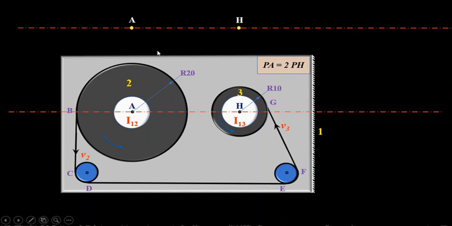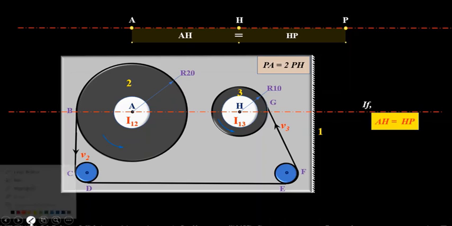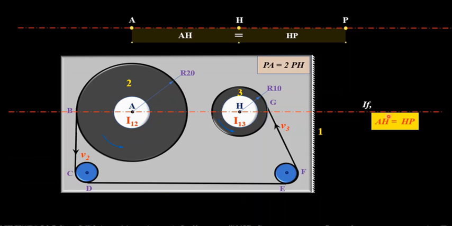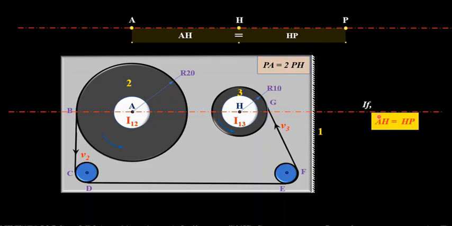Let's try to plot P such that the same distance AH is being plotted. We are taking that AH is equal to HP as per option C. So let's plot point P here such that AH is equal to HP. Now if we are taking AH is equal to AP, whether we will be able to prove that PA is equal to 2pH. If this is proven, then option C will be the correct answer.